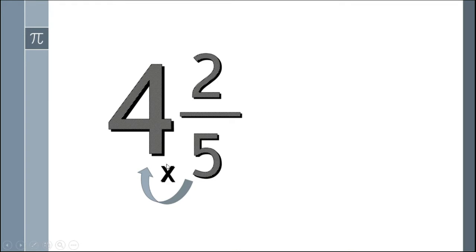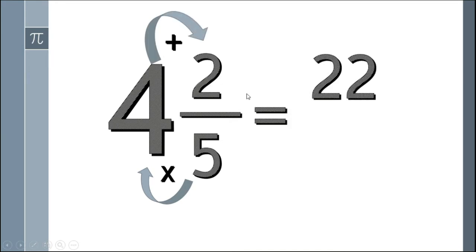So 5 times 4 is equal to 20. Then, yung 20, i-add ninyo sa numerator. 20 plus 2 is equal to 22. Then, copy the denominator. Kaya yung 4 and 2 fifths, naging 22 fifths.